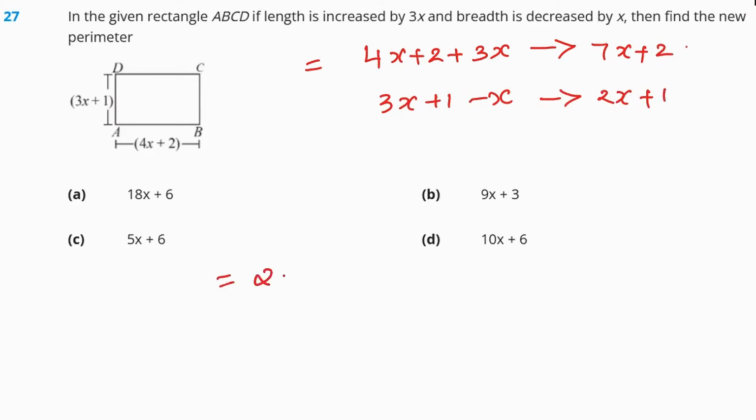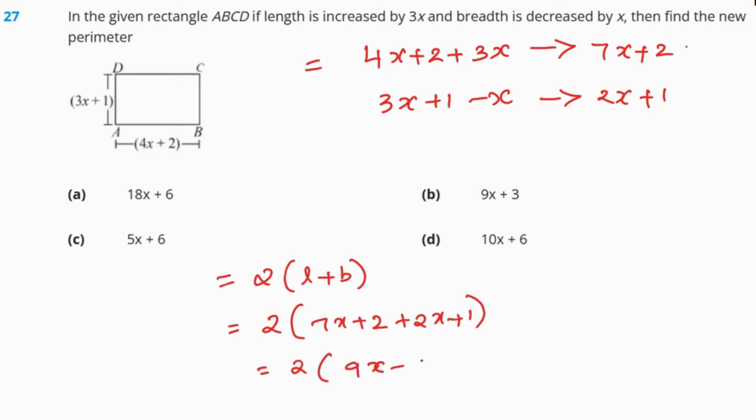So using the formula 2 into L plus B for the perimeter of a rectangle, 2 into 7x plus 2 plus 2x plus 1, which is equal to 2 into 9x plus 3. When we multiply this, 2 nines are 18x plus 2 threes are 6. So 18x plus 6 is the perimeter of the new rectangle. So the correct option is option A, 18x plus 6.